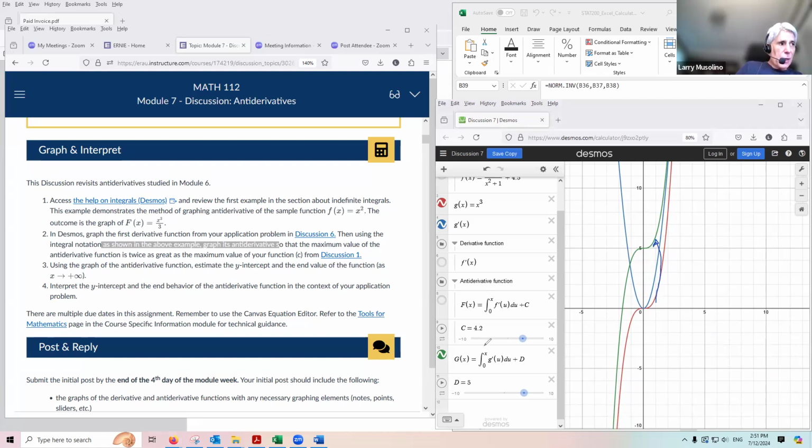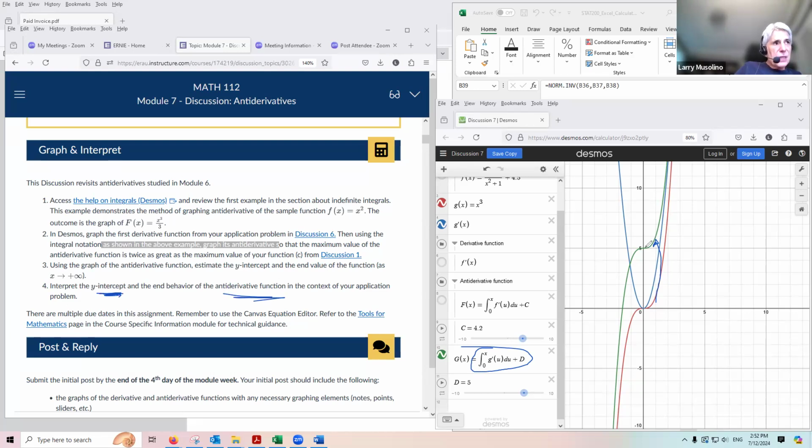So what this is showing is if you take the integral of the derivative, it gets you back to the original function. And again, the reason is integration and derivatives are opposites. They cancel each other out. It's kind of like saying antiderivative of a derivative gets you back to the original function. Okay? All right, here's another question. What is the y-intercept of the antiderivative function?